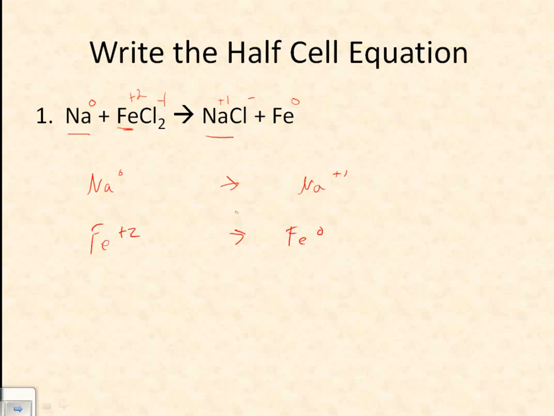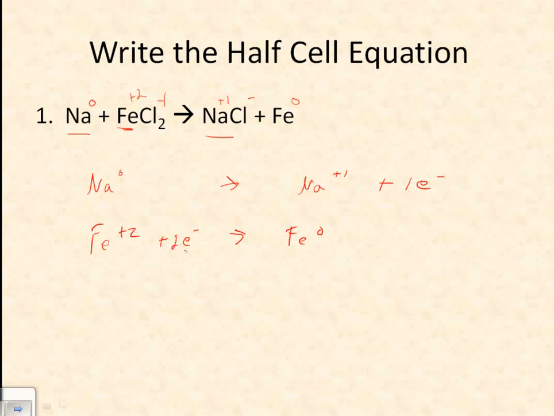Okay, so now I've got to balance these using electrons. So here I have a neutral charge, 0 charge. Here I have a +1, so I need to add electrons on this side, +1 electron here. I need 2 electrons here in order to make this balance. +2 -2 gives me 0. Alright, and then what we want to do is use this to balance.